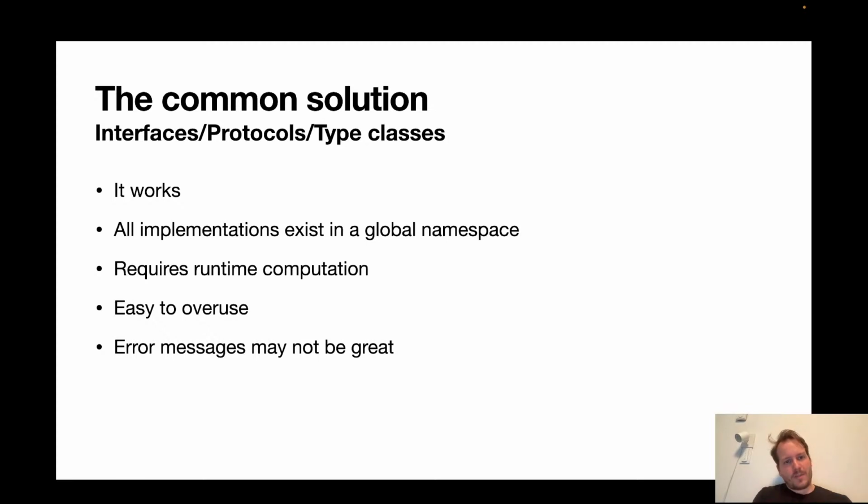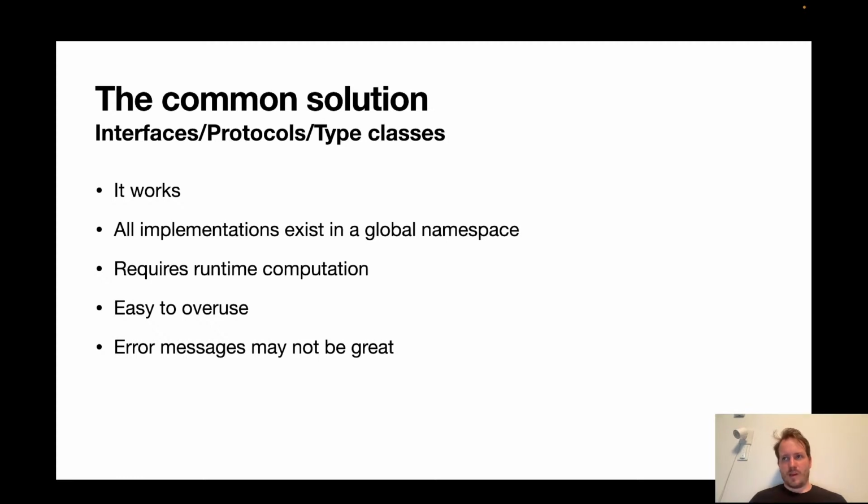You're creating something new and perhaps unwrapping it in order to have it working elsewhere, but you're essentially just adding duct tape to fix a problem. Another thing about interface-type code is that it requires runtime computation. You're essentially saying, I don't care what this is, but at runtime I will figure it out. That does have some overhead, not a lot.